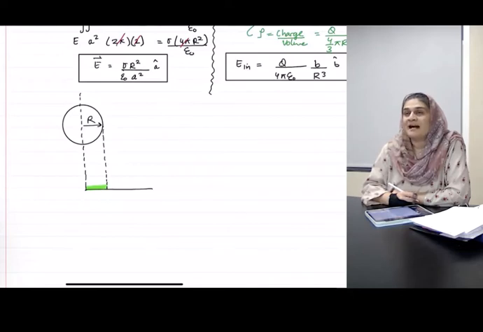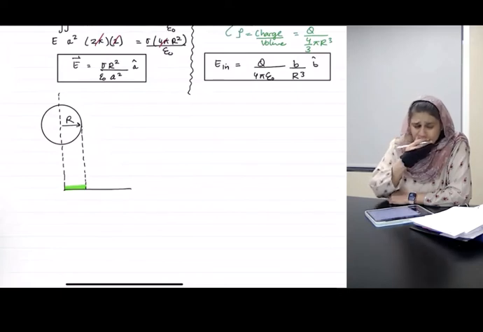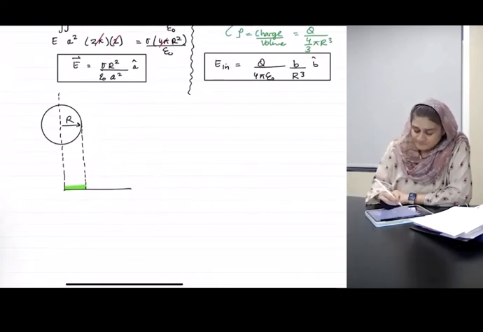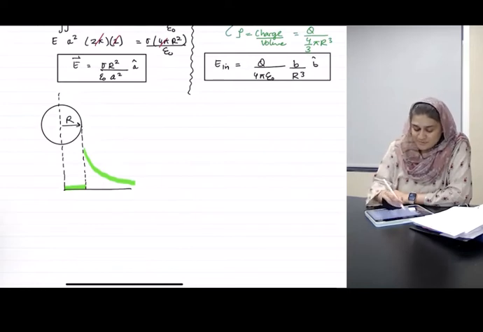And what's it outside? It varies as almost 1 over R squared. And it looks like this. So what happened between these 2 points, point A and B?